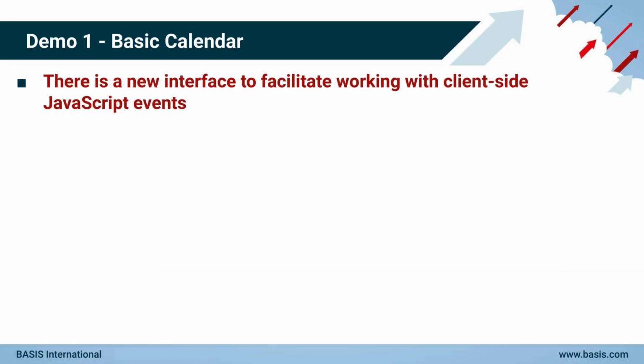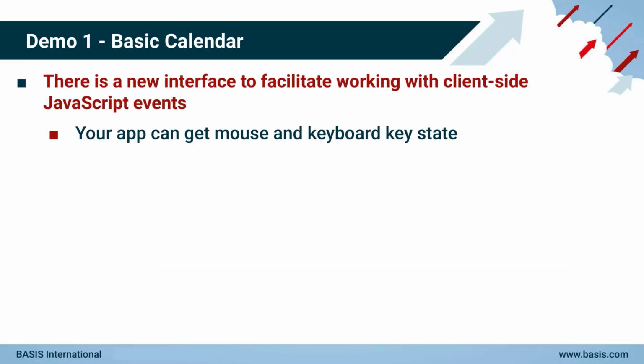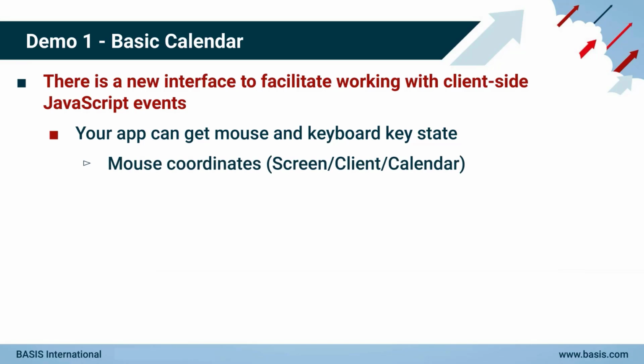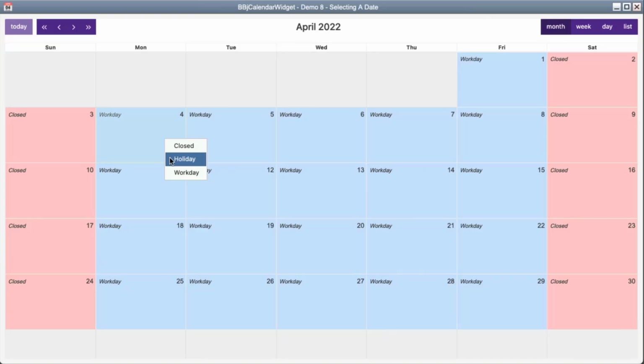Additionally, Basis has added a new interface to enhance working with any user event that contains the low-level client-side JavaScript event. Instead of having to parse the JavaScript event directly, now it's simple to determine extra event information by executing traditional BBJ get methods. For example, many events now support getting the mouse coordinates, which developers can use to position a pop-up menu next to the calendar appointment in response to a user's click.